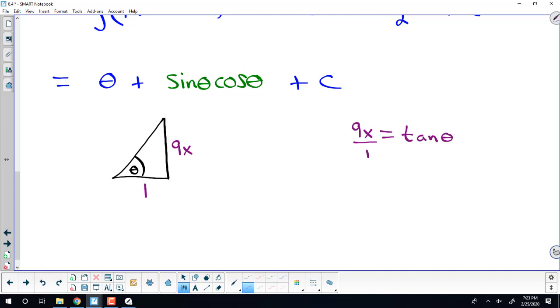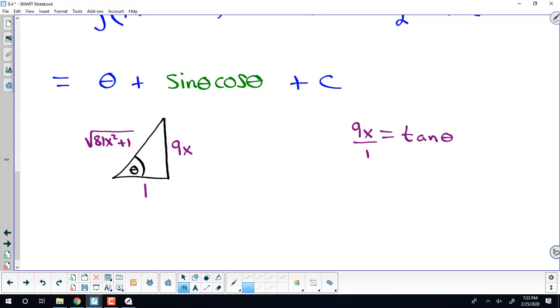Our hypotenuse would be the square root of 81x squared plus 1. That'll help us account for this sine and this cosine.